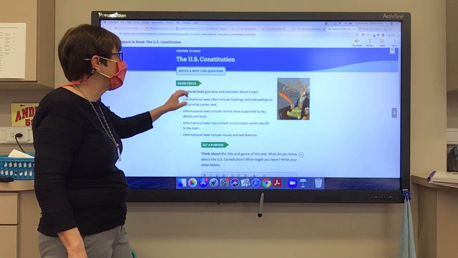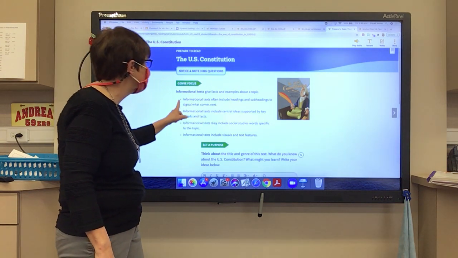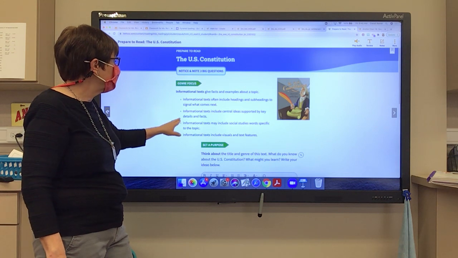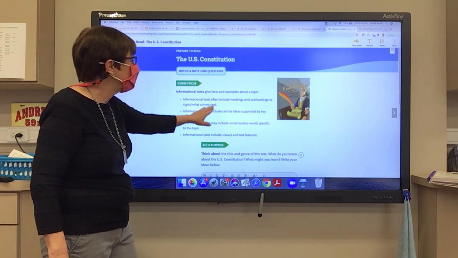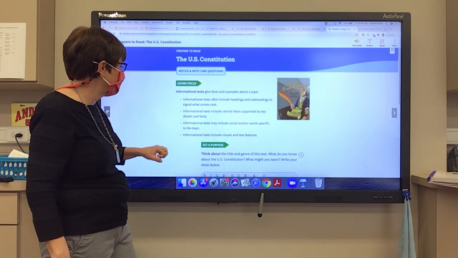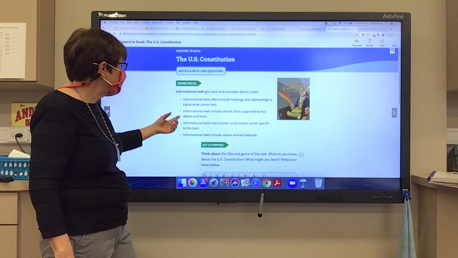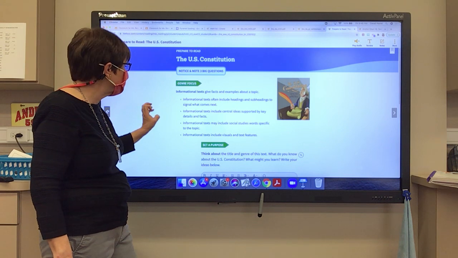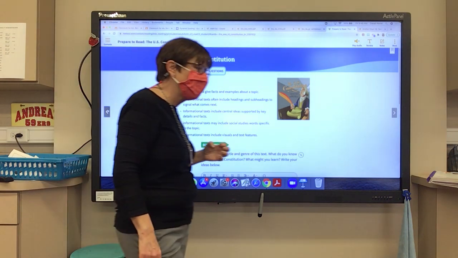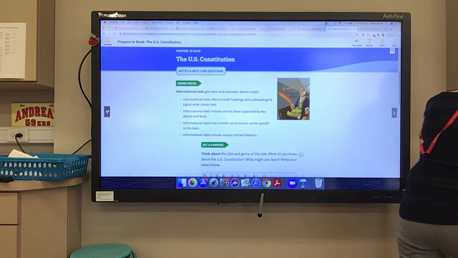Informational texts often include headings and subheadings to signal what comes next. Informational texts include central ideas supported by key details and facts. Informational text may include social studies words specific to the topic, and informational text includes visuals and text features.